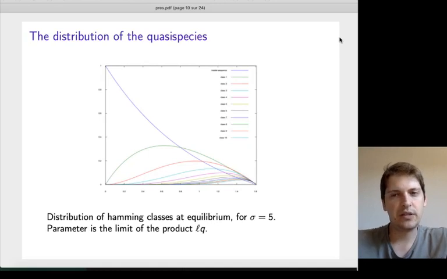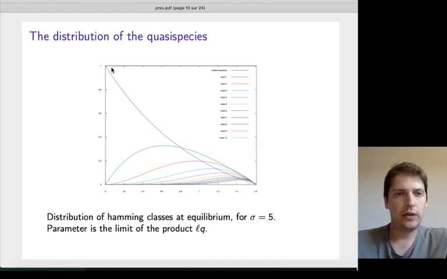This graph represents the average number in each Hamming class. We say that Hamming class k gathers all individuals with k ones in their genomes. And the horizontal axis is the limit of the product L times q. So it's the average number of changes in the genome when there's a mutation event.